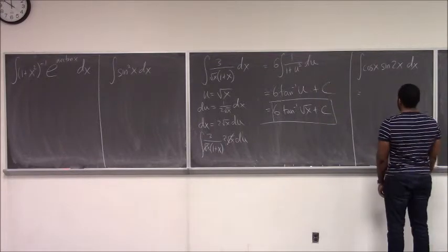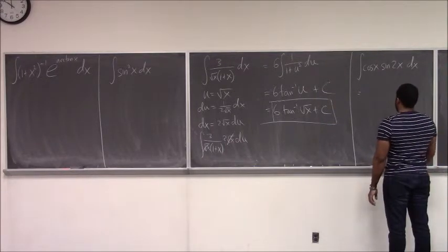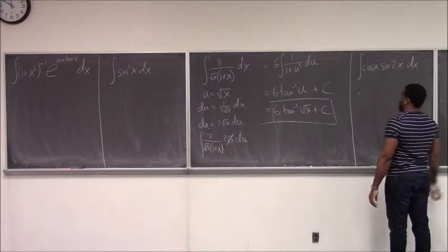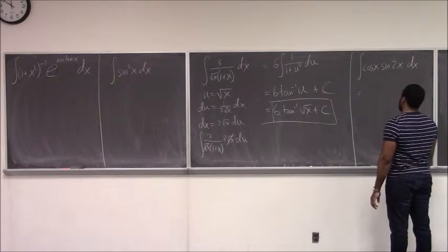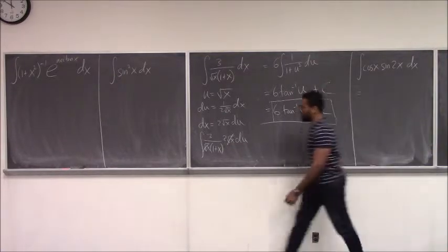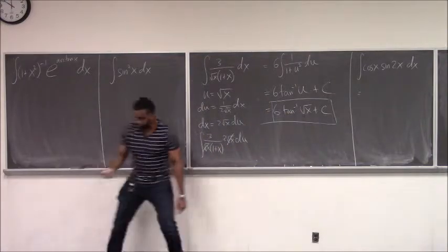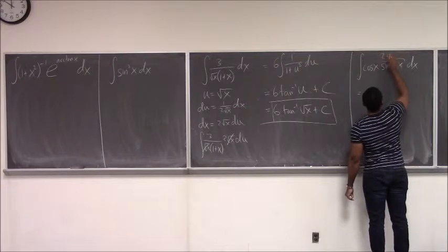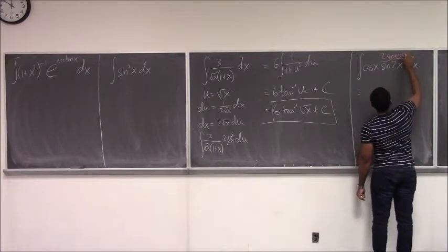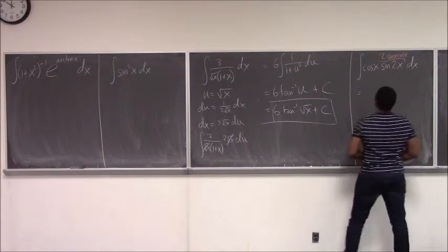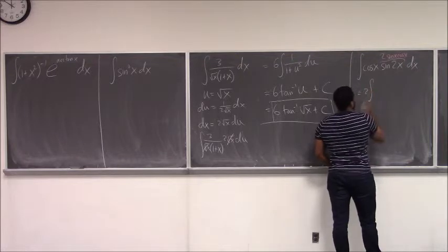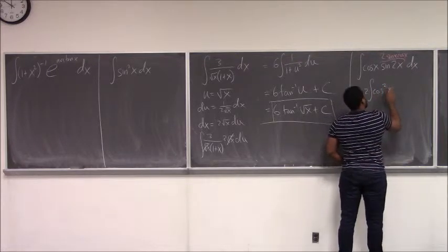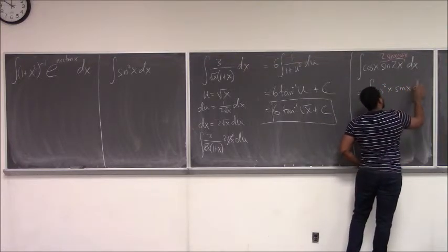You apply a trig identity, a double angle formula: sine of 2x is 2 sine x cosine x. Once I plug that in, it becomes like one of the previous ones that we did. So I get cosine squared times sine x.